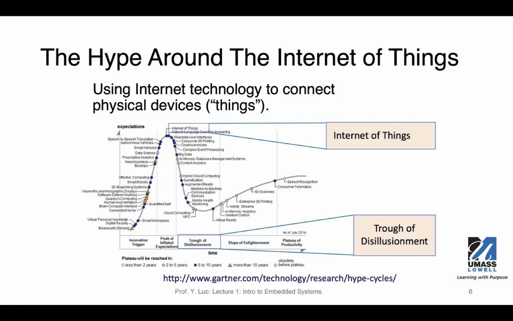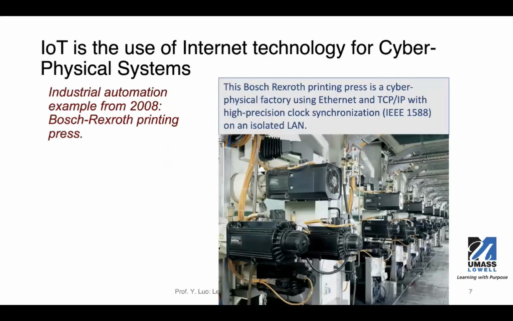So that's what we see is going to happen for Internet of Things. But coming back to the cyber physical system, is IoT the same as cyber physical system? We say that IoT is the use of internet technology for cyber physical system.